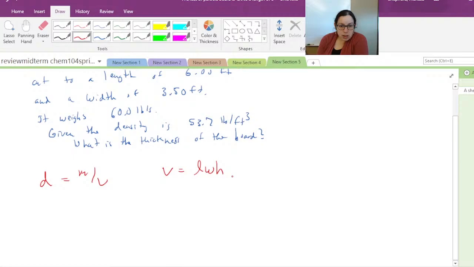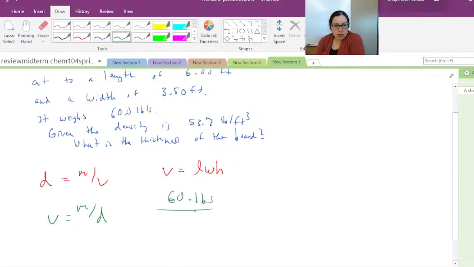You could either substitute it in right away or just work through it piecemeal. That's what I did: first solve for our volume, and then we'll plug it into this formula. So volume is equal to mass over density, or again, like she said, you could have substituted it in here.